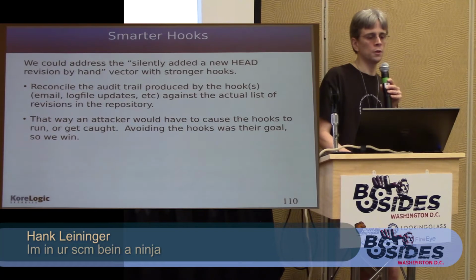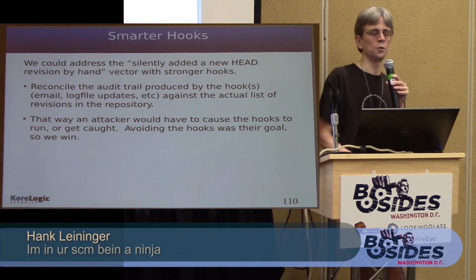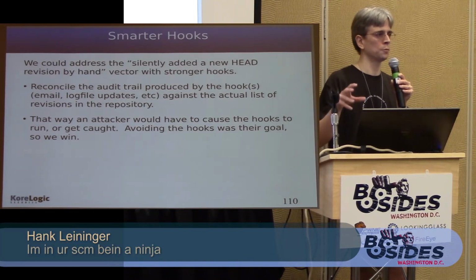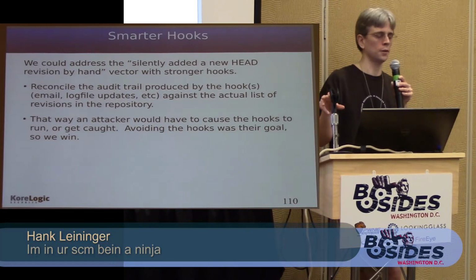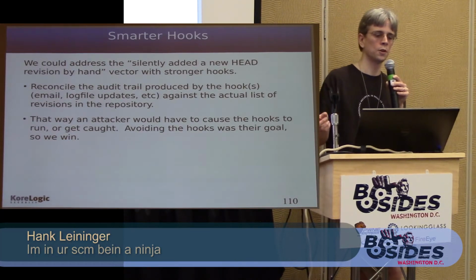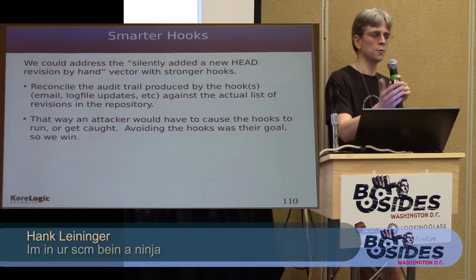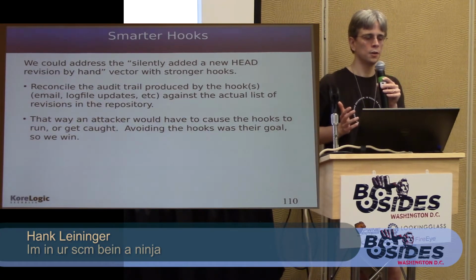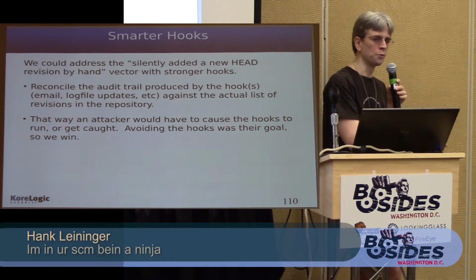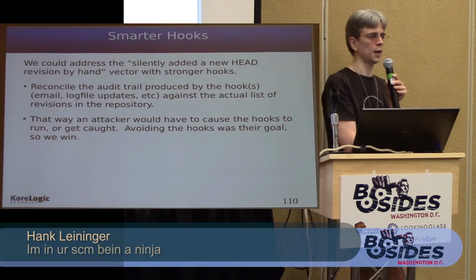Another thing we could do is smarter hooks to address the ability for somebody to push new revisions onto head. We should do some kind of close the loop to make sure that every revision you get when you check the data out matches, so you have proof that the hook fired every time each revision was added.